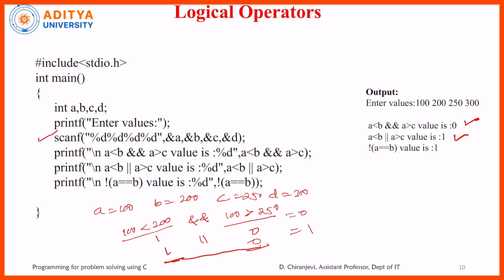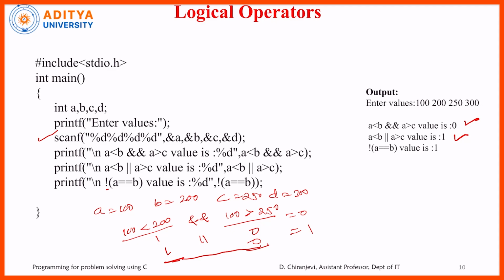Then logical NOT. Actually logical NOT will change the result. If A equal to B, let's say it is true, in that case if you apply NOT, it will make it false. If it is false and you apply NOT, it will make it true. So 100 equal to 200 is false, but if you apply NOT, it will make it true.